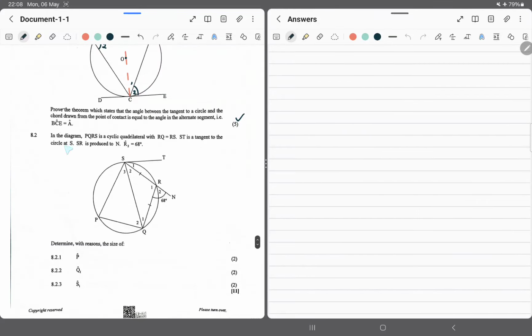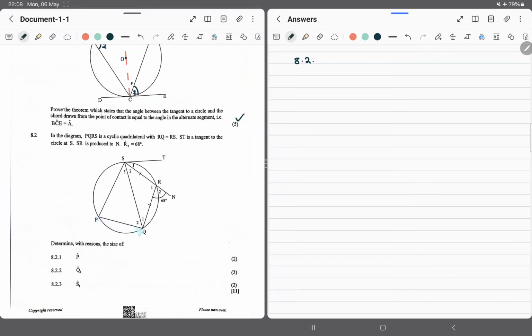5 marks then. Now in the diagram, we're going to do 8.2. In the diagram, PQRS is a cyclic quad.